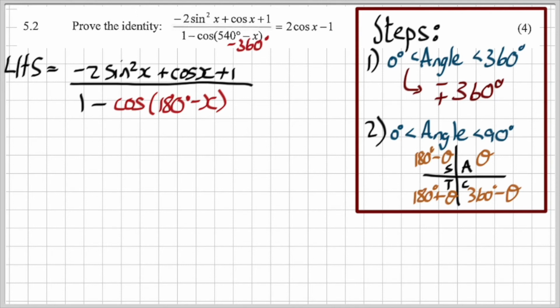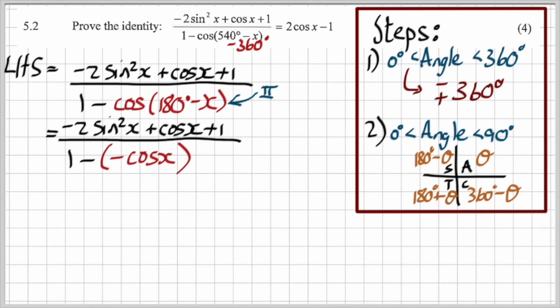Still, my angles are not between 0 and 90. So I need to handle that. That is in quadrant 2, which means, again, just copying the rest of the question over, that cos of 180 minus x is negative cos x.